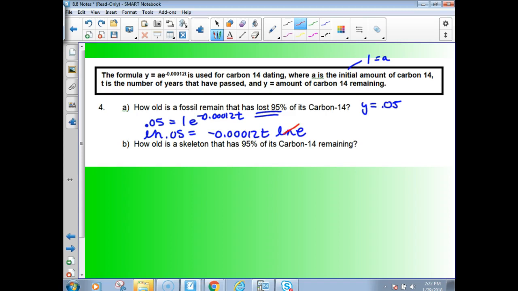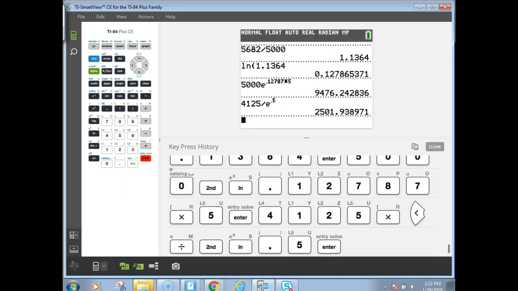We just need to take the natural log of 0.05 and divide it by negative 0.00012.